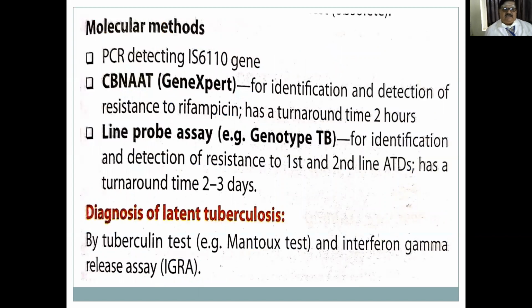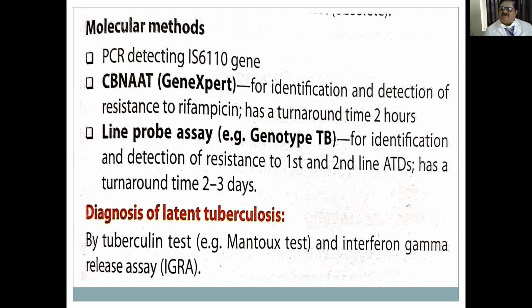So to revise: PCR detection by IS6110 gene, CBNAAT, which is WHO endorsed, GeneXpert is the one. Line probe assay, Genotype, TB assay, and these are the ones for diagnosis.